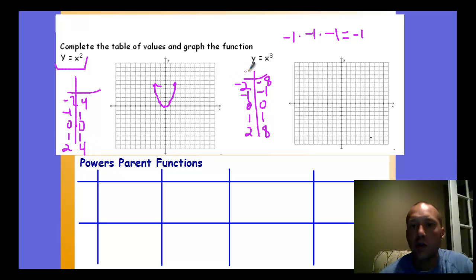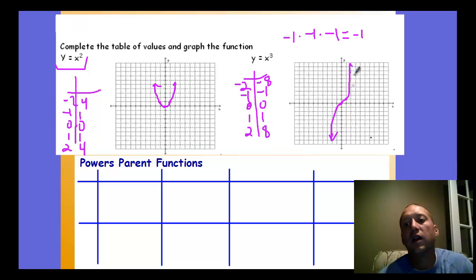For this cubic function, they actually will become back to negative, or go negative. So if I plot these points, 1, negative 1, 2, negative 8, 0, 0, 1, 1, and 2, 8, we have this shape, which there's a few names that teachers have for it.